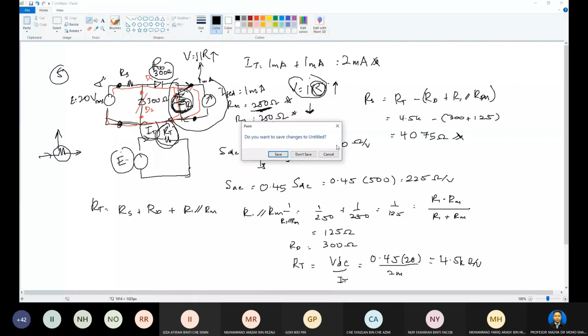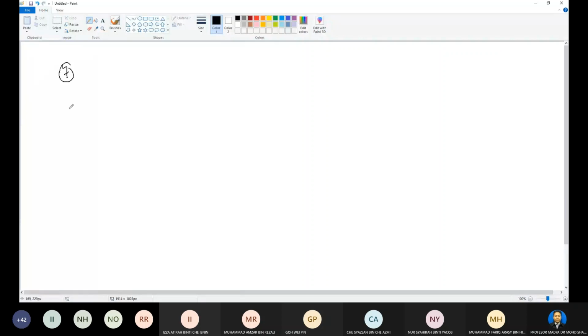So this is question number 7. First you have to draw based on this. This is D2, D1, D4, and this one, D3.